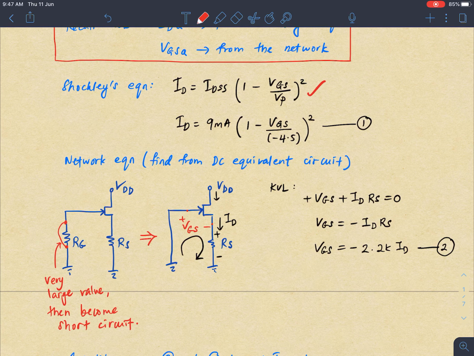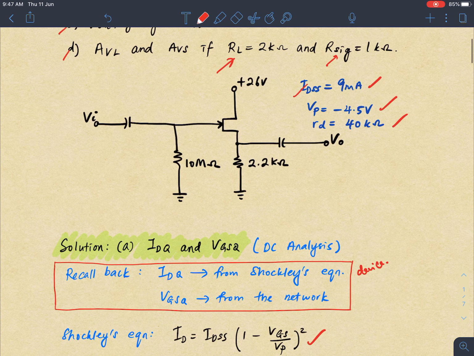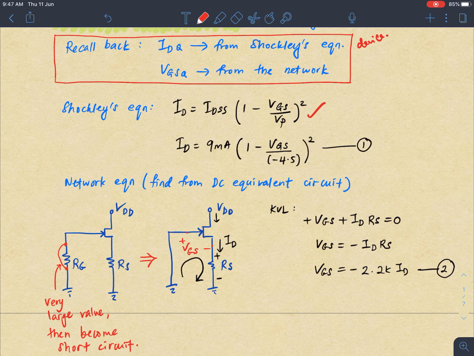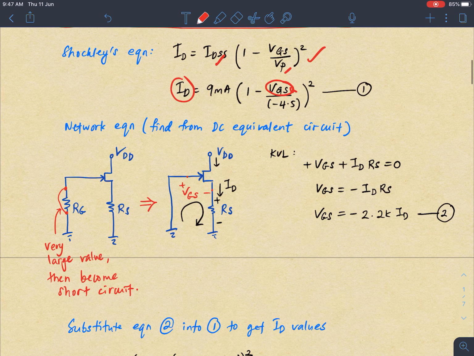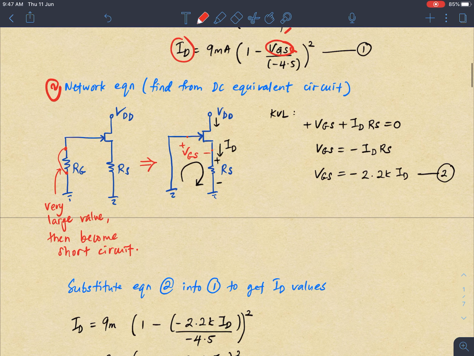We insert the given values, IDSS and VP, into the Shockley equation. So there are unknown values, VGSQ and ID here, and we get the first equation. Then the second equation is the network equation.